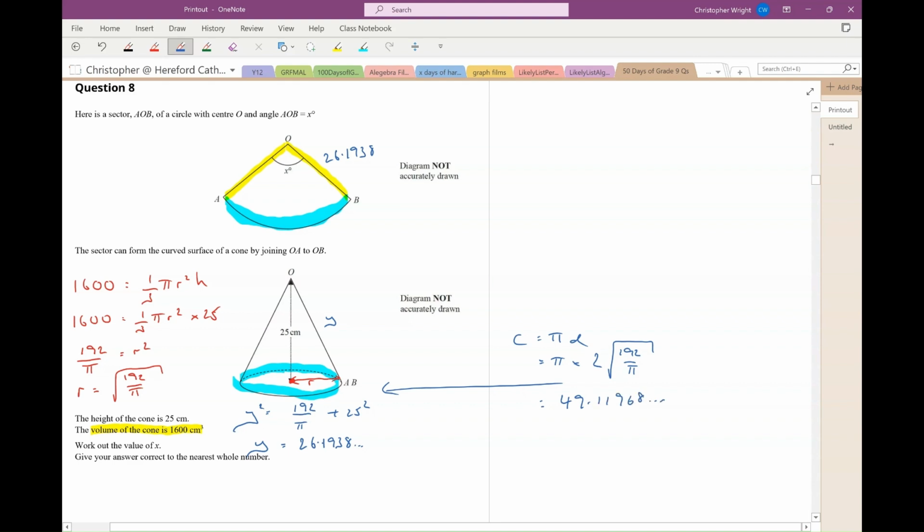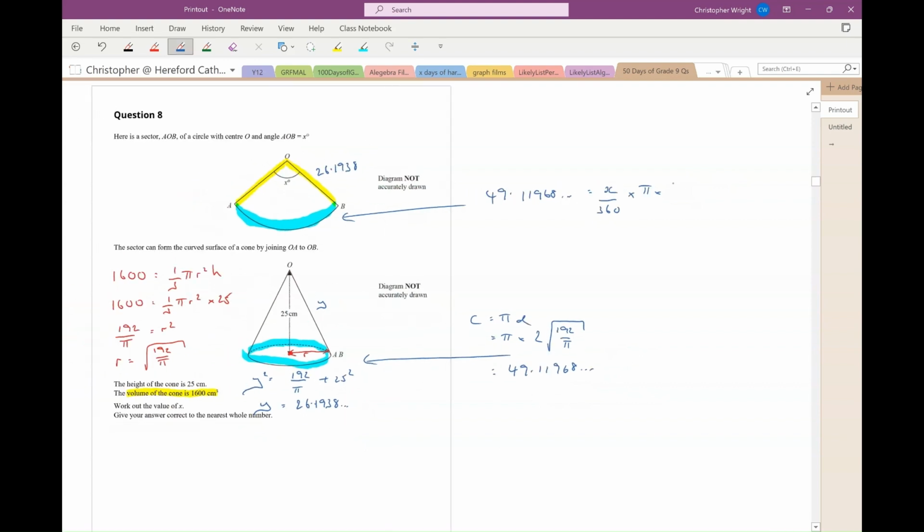I know, therefore, using this diagram, that the curved blue part of the circumference also has a length of 49.11968 and so on, and that equals x 360ths of pi times the diameter, where the diameter is twice that 26, so pi times 2 times 26.1938. So I've ended up with an equation here I can solve for x.